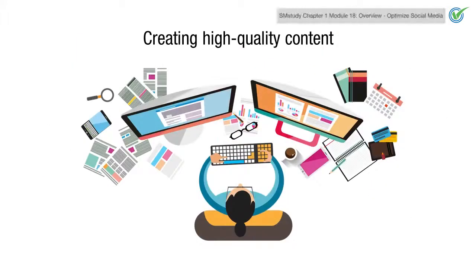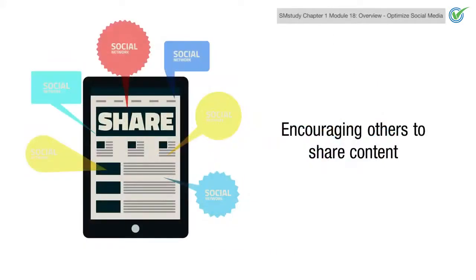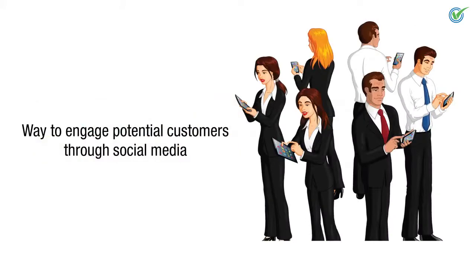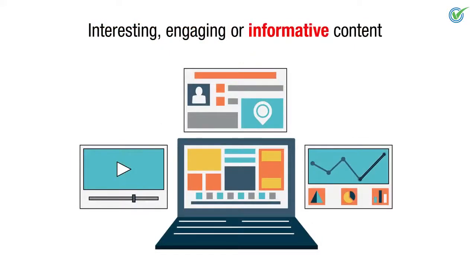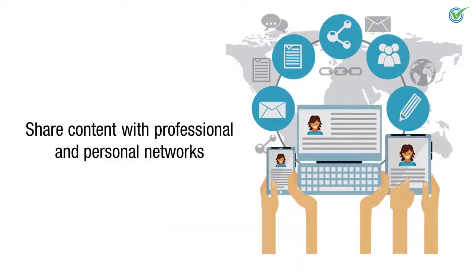Creating high-quality content, for example, and encouraging others to share the content is one of the most important ways to engage with potential customers through social media. The more interesting, engaging, or informative the content, the more likely it is that customers and others will share the content with their professional and personal networks.